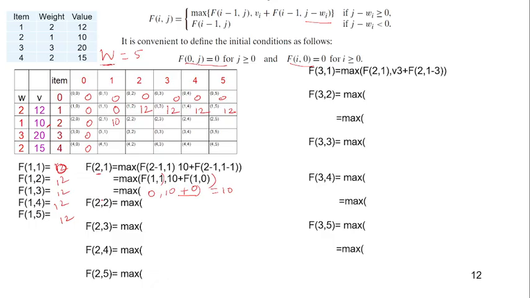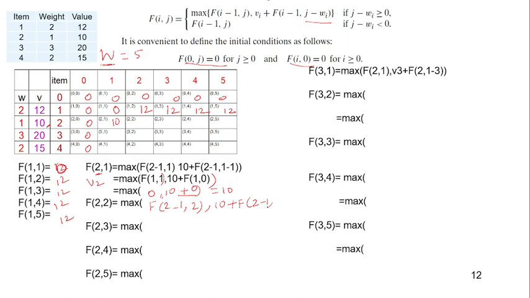And here 2 comma 2. Again the same: i minus 1 means 2 minus 1 comma j, where j is 2, comma v2, the value 10, plus f of 2 minus 1 comma j minus w.